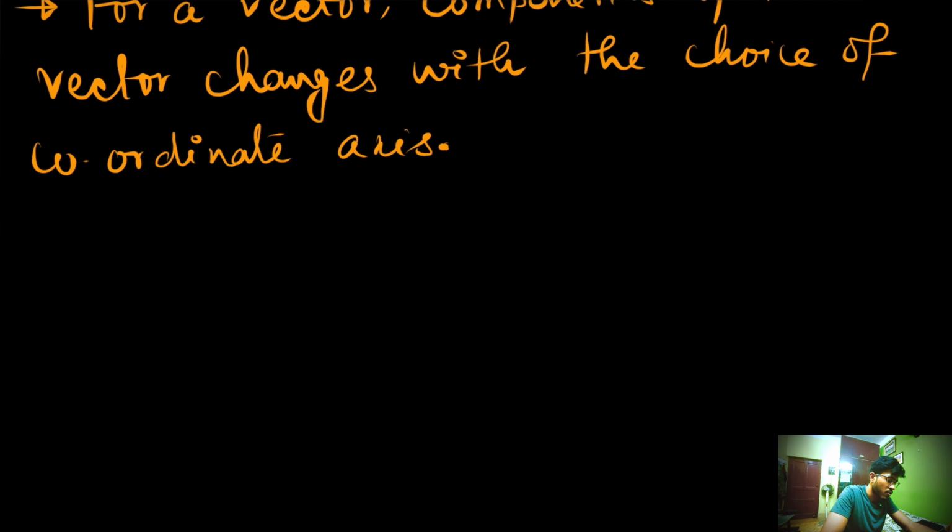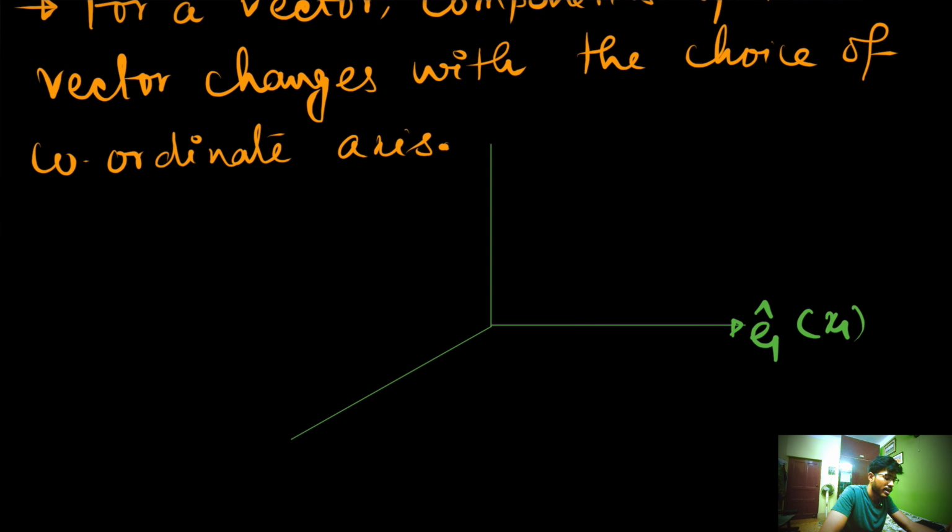If I have a coordinate system like this, this is my E1 cap and this is the x1 direction, this is E2 cap and this is the x2 direction, this is E3 cap and this is the x3 direction.